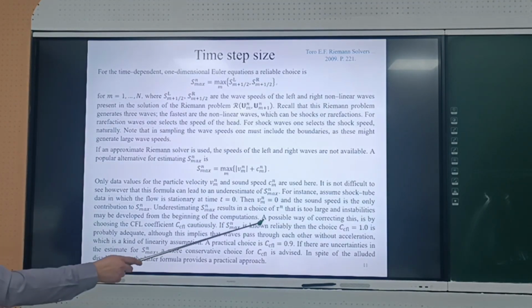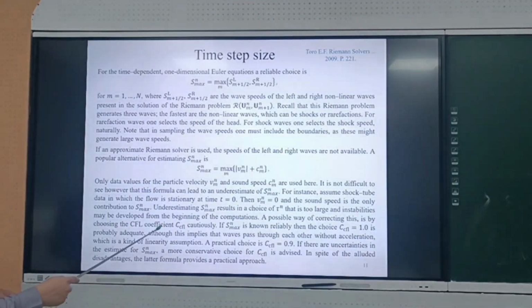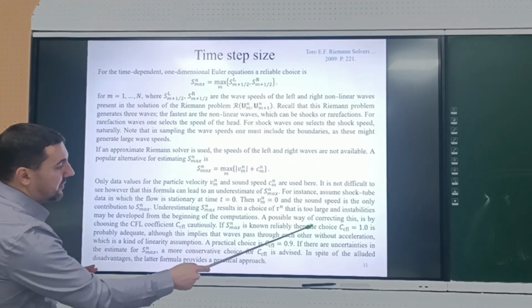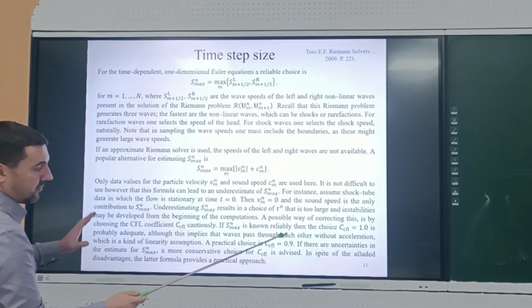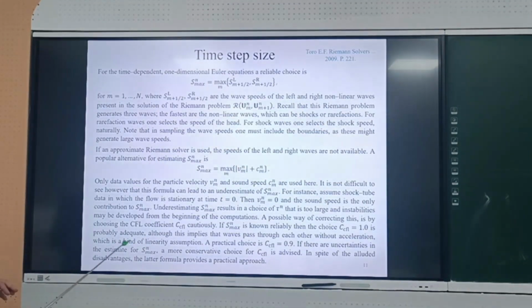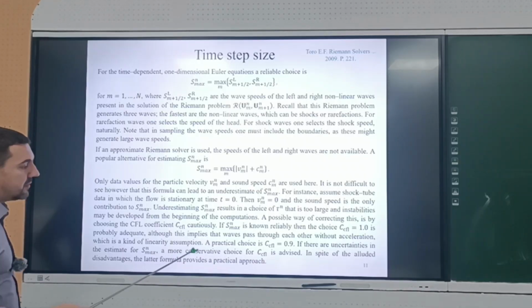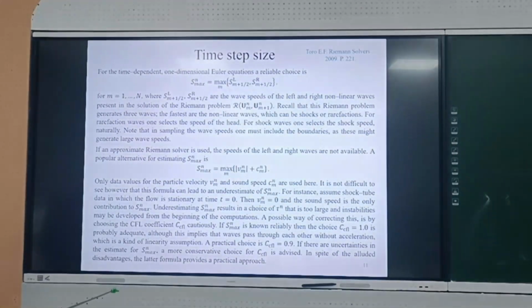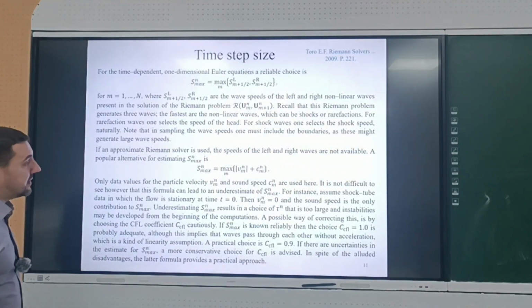A possible way of correcting this is by choosing the CFL coefficient cautiously. So if S_n max is known reliably, then we can choose CFL just 1, or in practice 0.9. If there are uncertainties in the estimate for S_n max, a more conservative choice of safety factor is advised. Okay, so that's the idea.